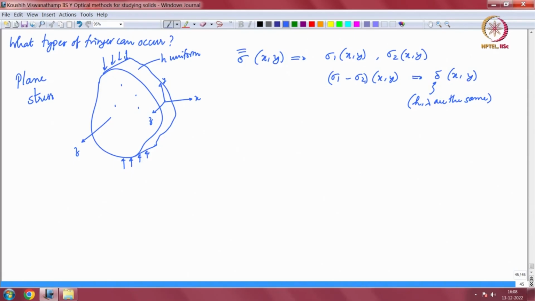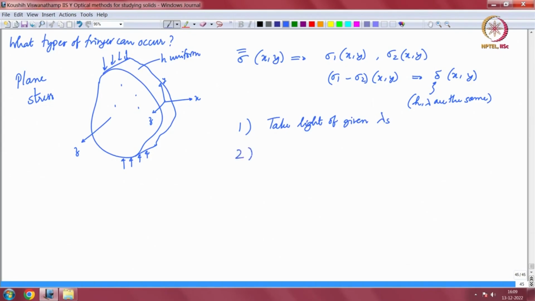So, here is a sequence of things we will do, and I will start off with this in the next session. The first thing we will do is take light of a given lambda or a given set of lambdas. It could be a spectrum, like white light, yellow light, orange light, blue light, green light, does not matter.